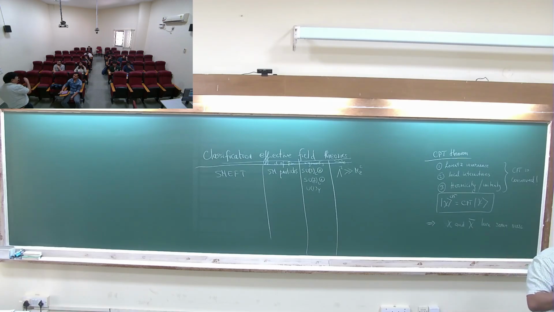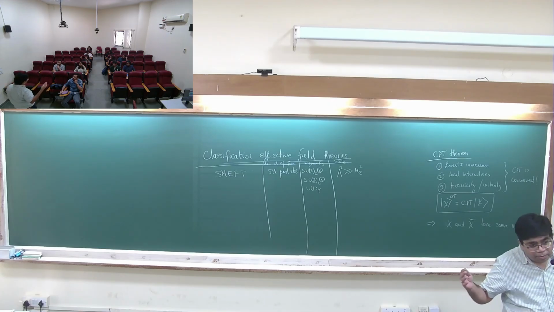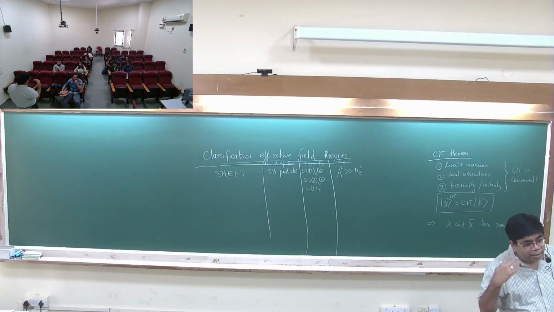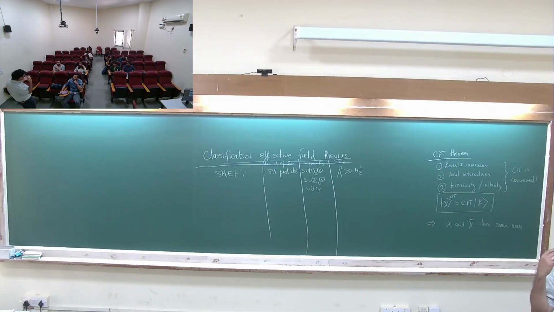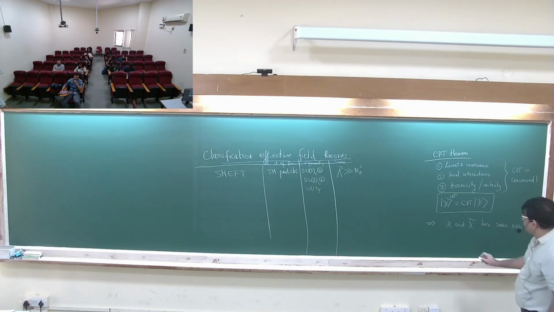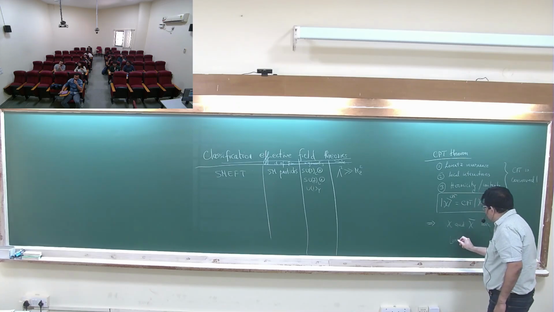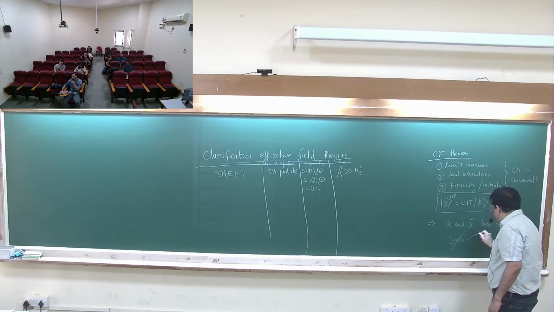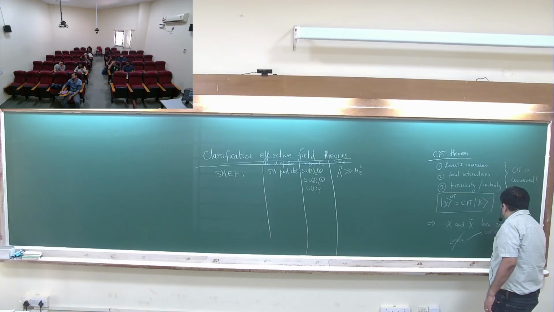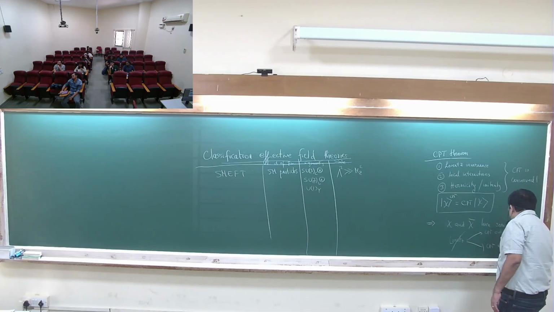Lorentz invariance is a necessary condition, definitely, for CPT invariance, but it's not sufficient. What I meant to say is, it's not necessary that all the CPT odd operators will break Lorentz invariance, but there could be Lorentz invariance breaking operators which are CPT even also. Let me just complete this, 1 second. You break Lorentz, you have CPT odd, CPT even.